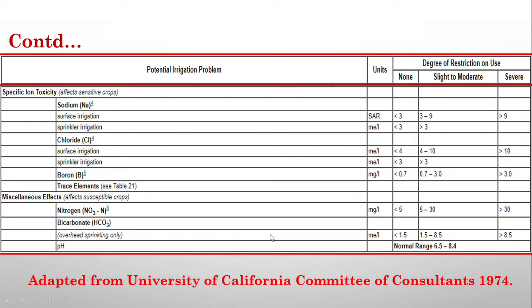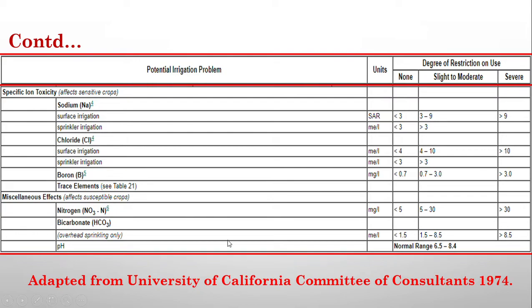When it is less than 1.5, we can directly use it for overhead sprinkling. When it is greater than 8.5, we cannot use such water. Actually, the bicarbonate content should be very much lesser, should be nil. When there is some amount of bicarbonate, we can use such water only for overhead sprinklers.